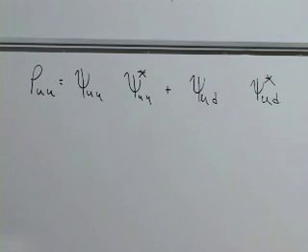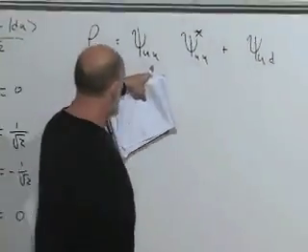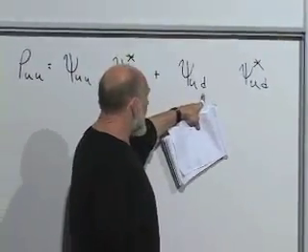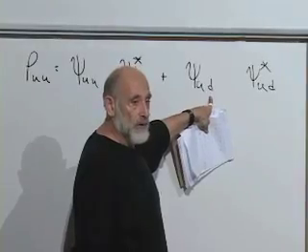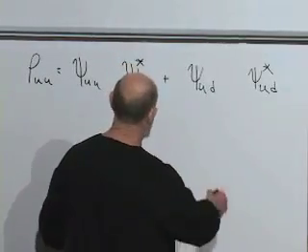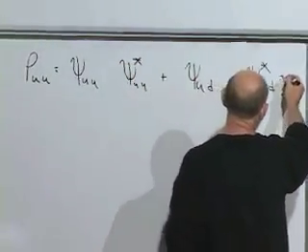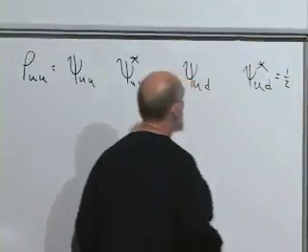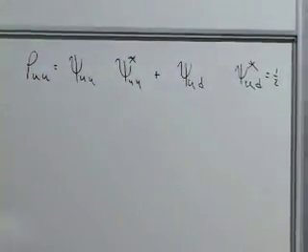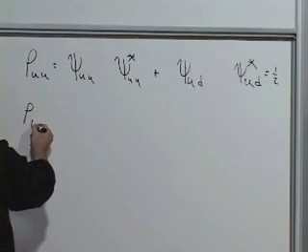Let's see what it is. Psi up, up is 0, so this is 0. But psi up, down is 1 over square root of 2, so this is just 1/2. All right, what about rho down, down?